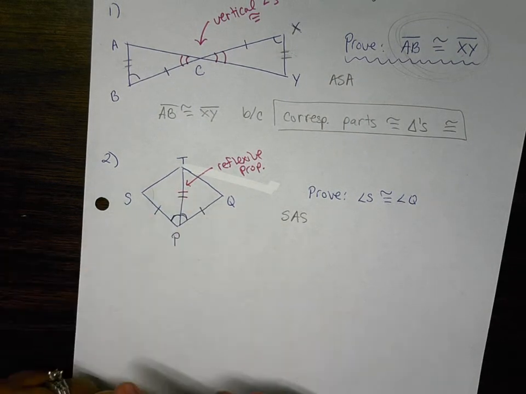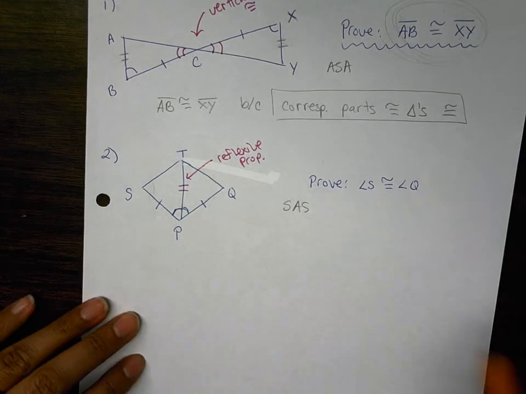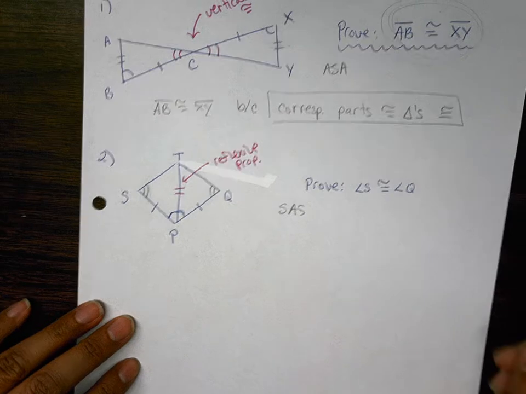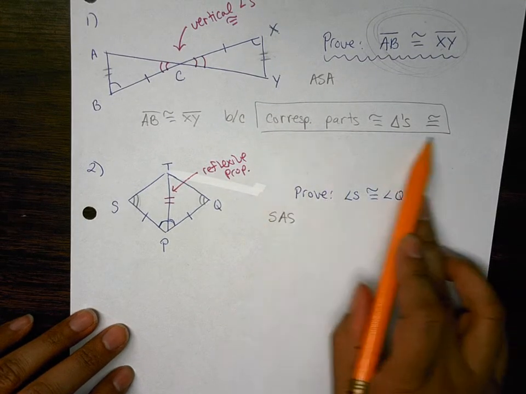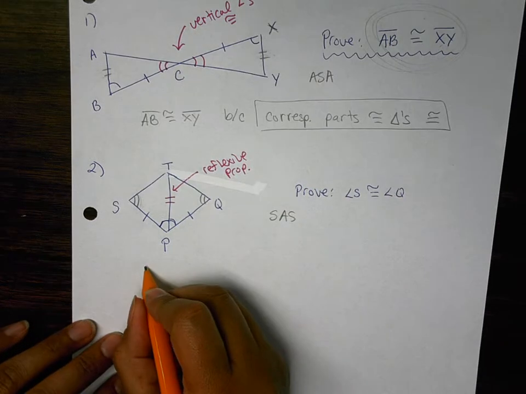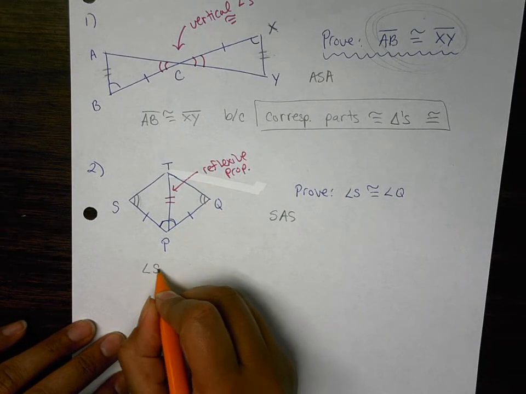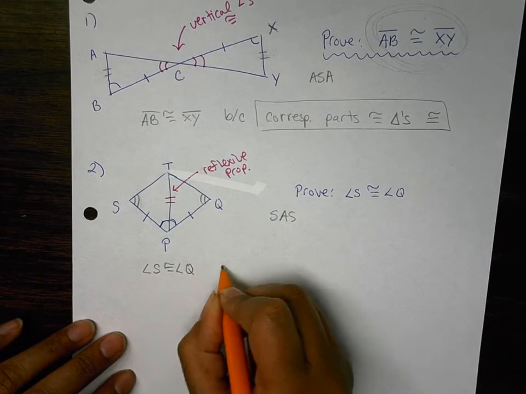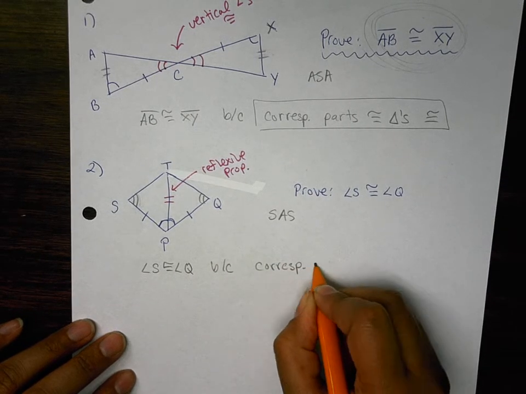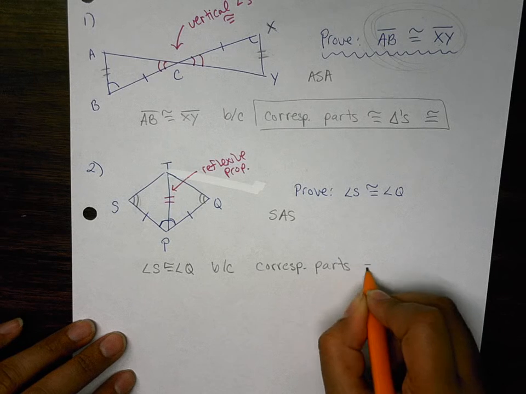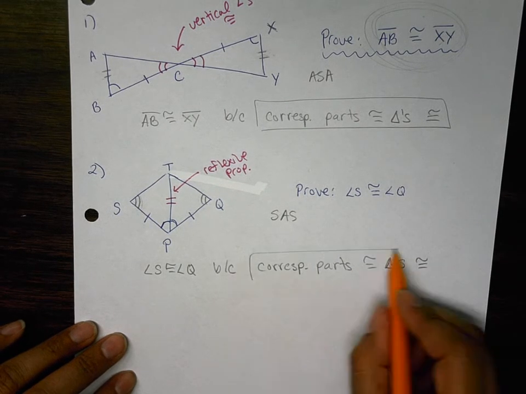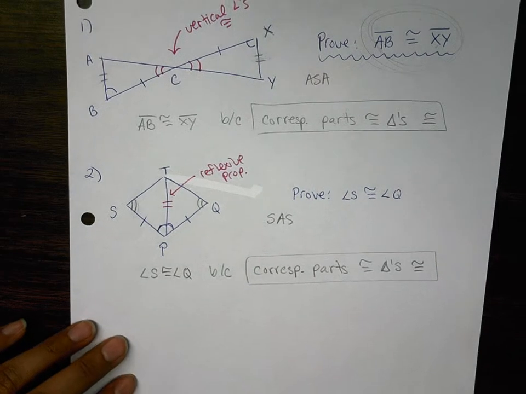Now that we've said the triangles are congruent by side, angle, side, can we now say that angle S is congruent to angle Q? Why? Good. So we would say angle S is congruent to angle Q because corresponding parts of congruent triangles are congruent.